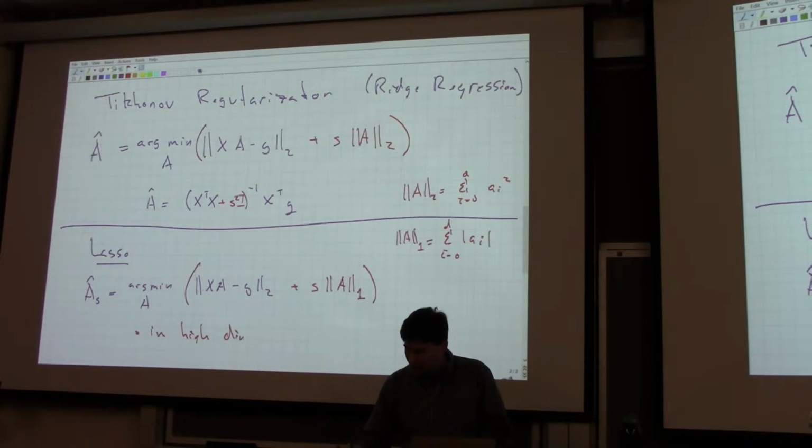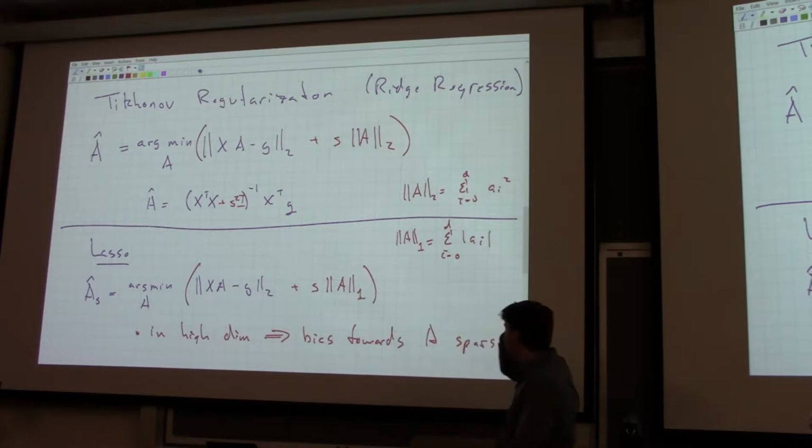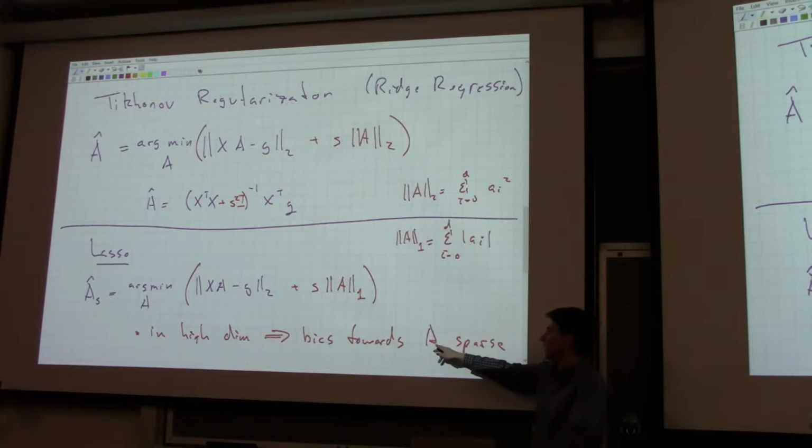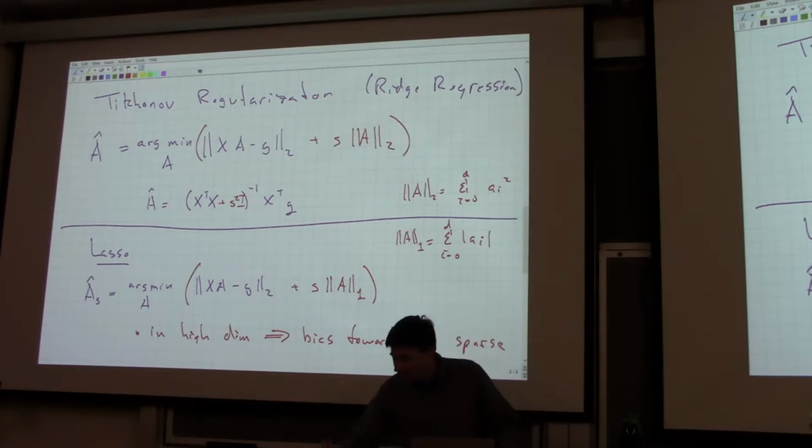In high dimensions, it's going to bias towards a sparse solution. So most of this vector A is going to be zeros in high dimensions. And I'll try and explain why that's true.